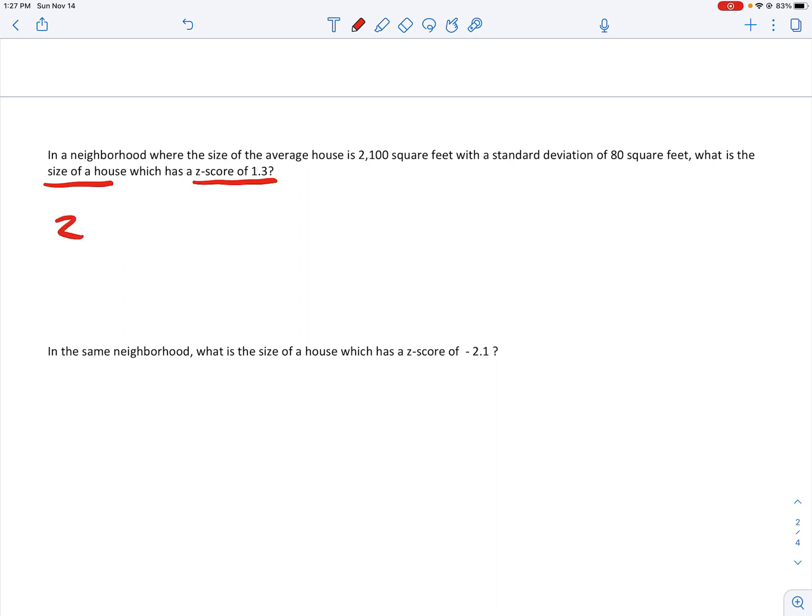As soon as I see anything with a z-score, I'm going to write the z-score formula. Notice there are 4 different variables there: z, x, mu, and sigma. I can ask you to find any one of those 4 if I give you the other 3. On the front side, we were finding z every time. This time they're giving us z, so z is 1.3.